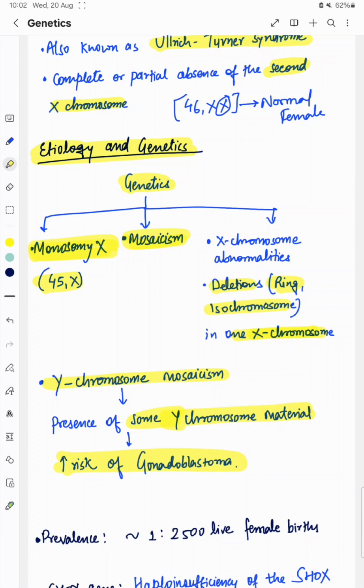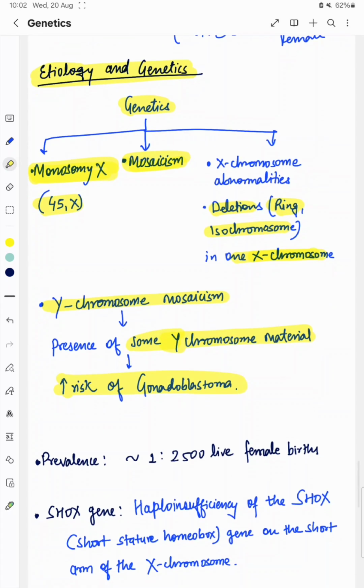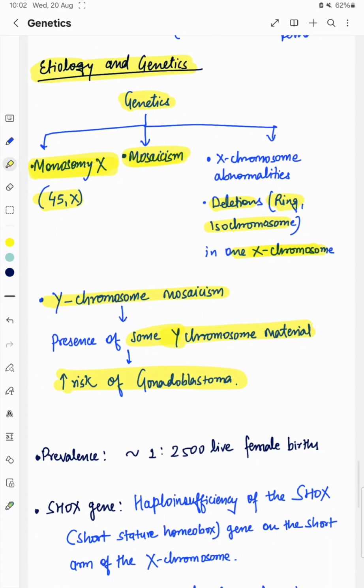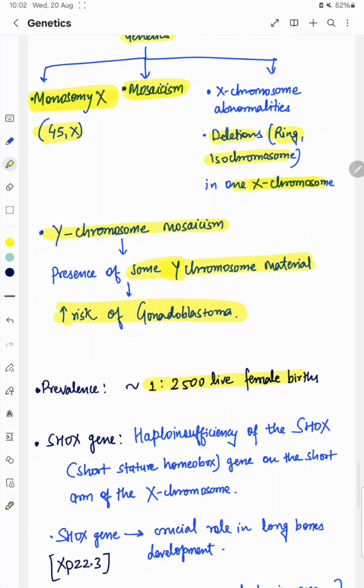So these are the four genetic forms: monosomy X, mosaicism, deletion, and Y chromosome mosaicism. The prevalence of Turner syndrome is almost 1 per 2500 live female births. Turner syndrome is an exclusive condition of females.